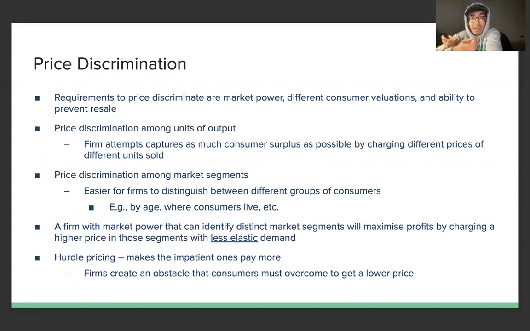Firms create obstacles that consumers have to overcome to pay a lower price. So if you as a consumer don't want to put that much effort and you're fine with paying more, that's kind of the whole concept of hodl pricing, and that's how price discrimination allows firms to get more out of you.